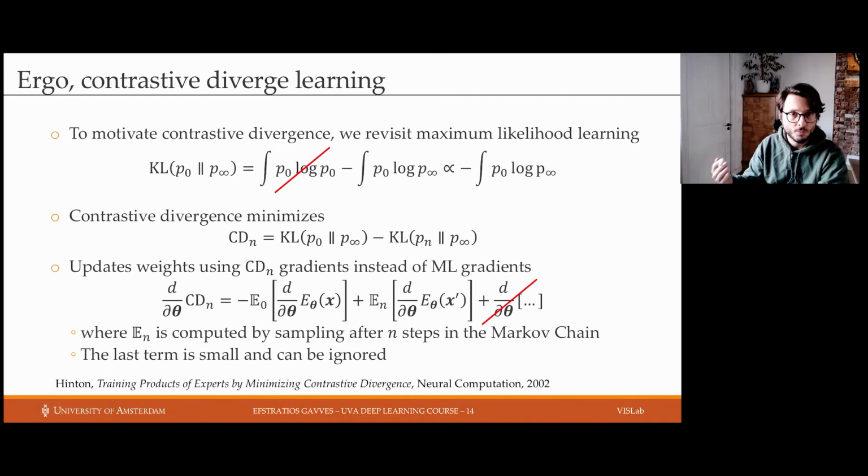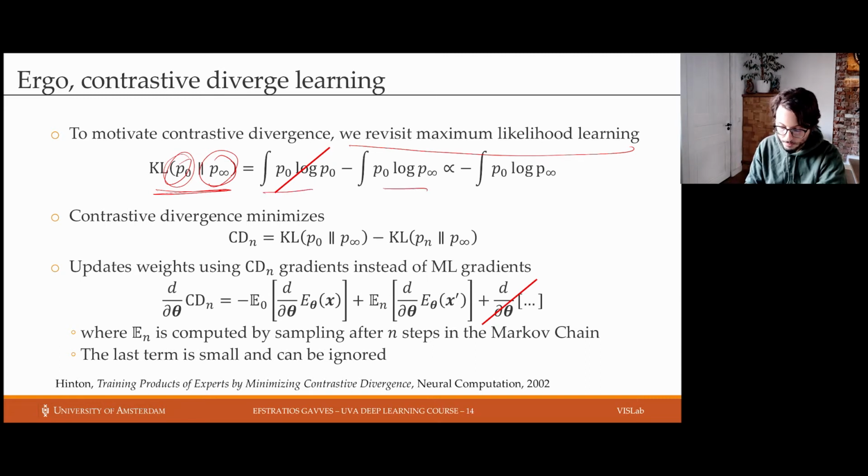To motivate contrastive divergence learning, we should revisit maximum likelihood learning. Maximum likelihood training means basically I want to minimize my KL divergence between the distribution of data that I have, so the training data I have, and the distribution that I am learning with my function P. Now, if you write this down, basically it comprises two terms.